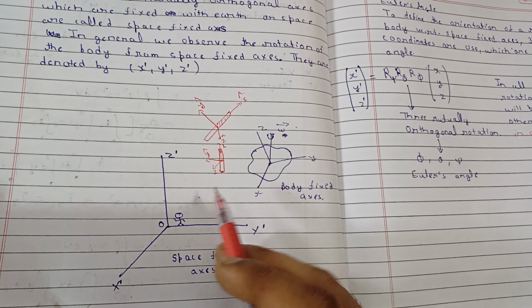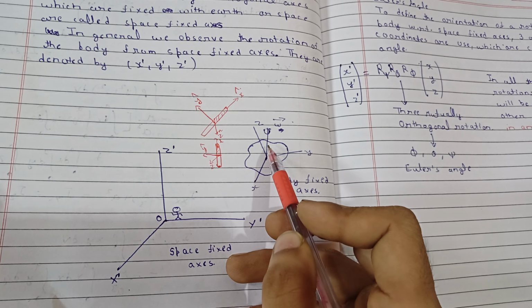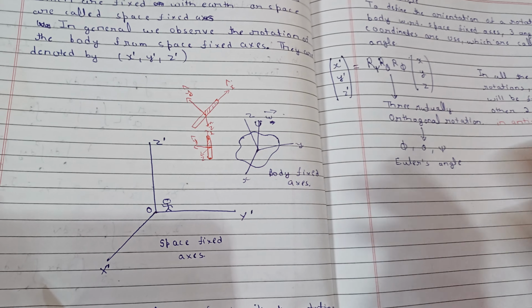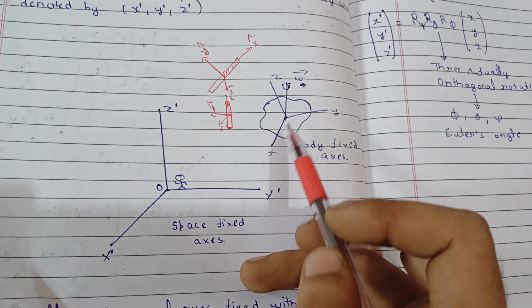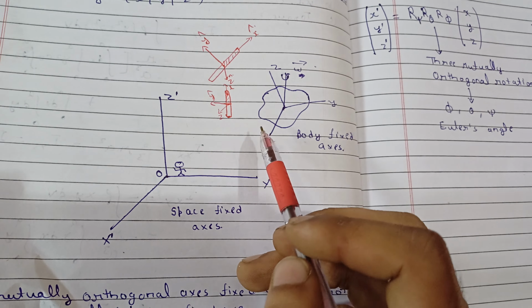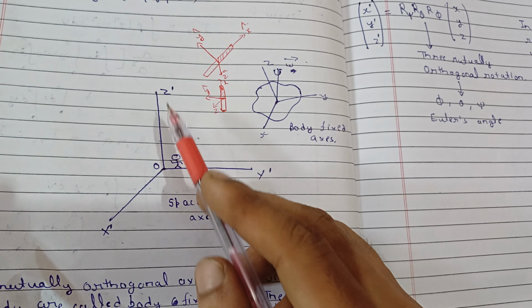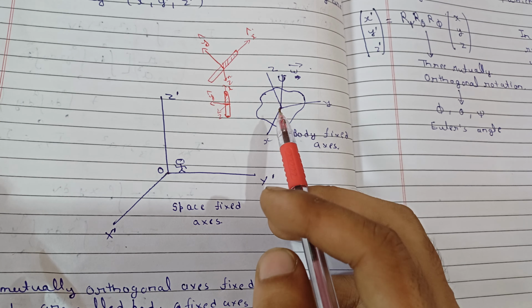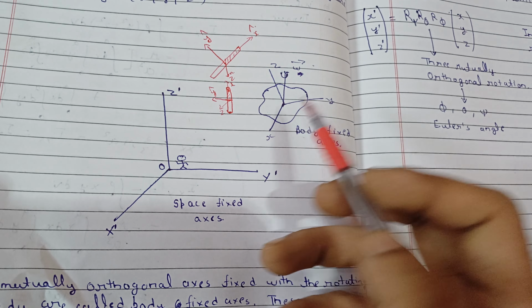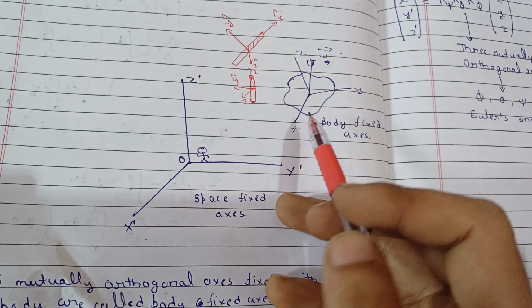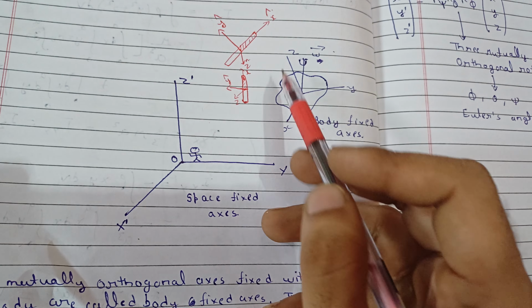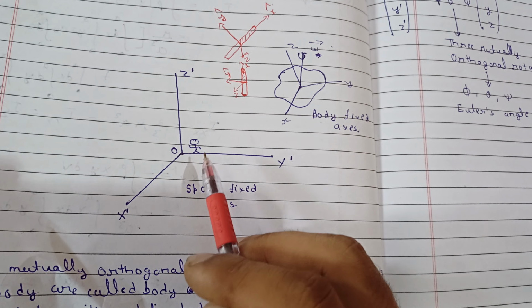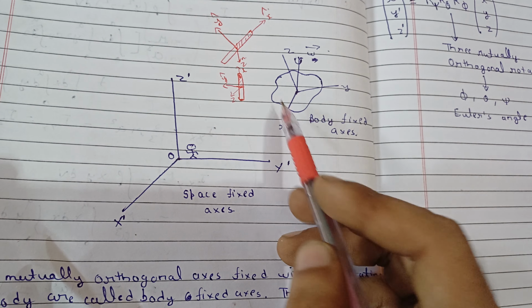Now what are the Euler's angles? So see, this object is rotating in this space fixed axis. How this body is rotating in the space fixed axis is represented by the Euler's angles. That is, how it rotates with respect to these axes will be represented by Euler's angles, and we will do that by trying to align this Z with the Z prime, Y with the Y prime, and X with the X prime at a particular instant, and that's how we can find the orientation at a particular time.